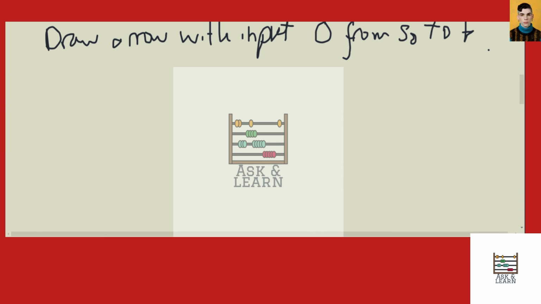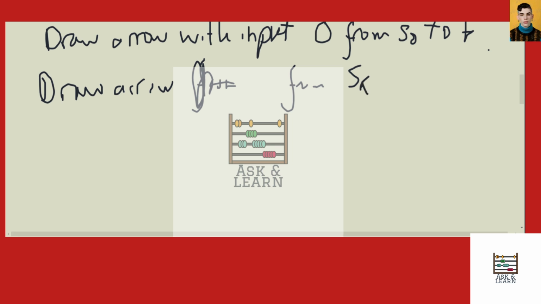Now draw an arrow with input 0 from SA to SB. And the input for this arrow is 0.